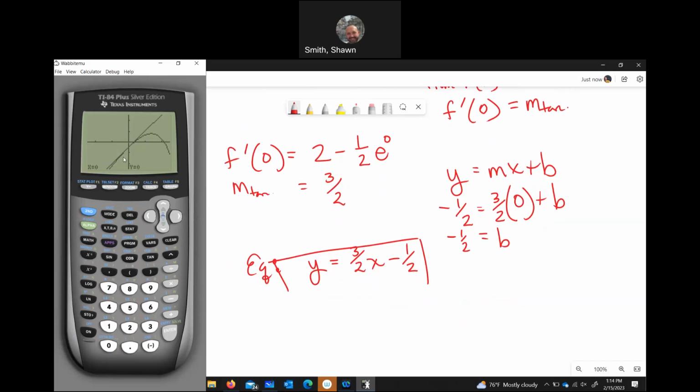You want to say, okay, so I have, I don't know, some kind of roller coaster modeling the speed or something over a given time period, where you can look at it and say, okay, how is it changing? Right when I hit the radar gun at this point, at x is 0, it's changing 3/2, whatever units that may mean.